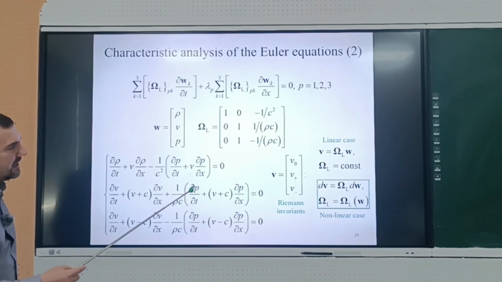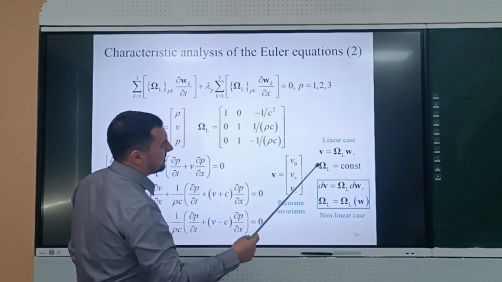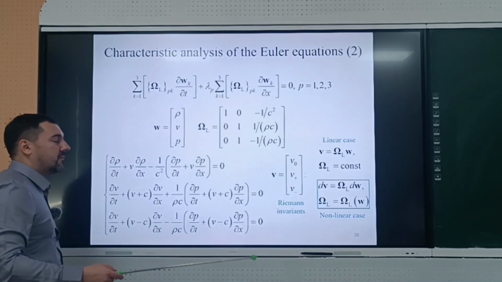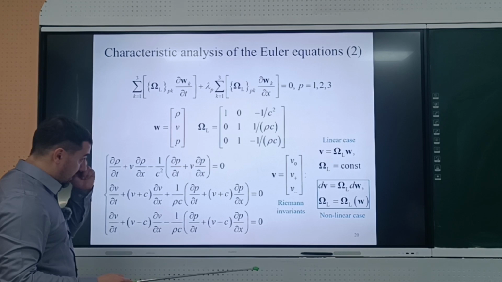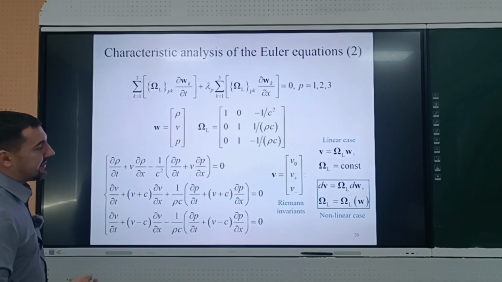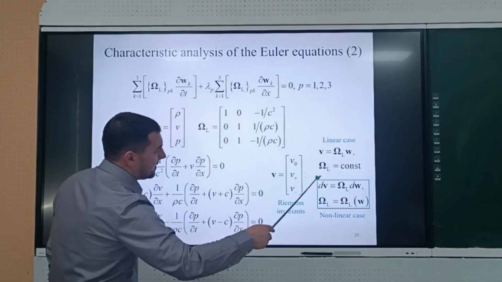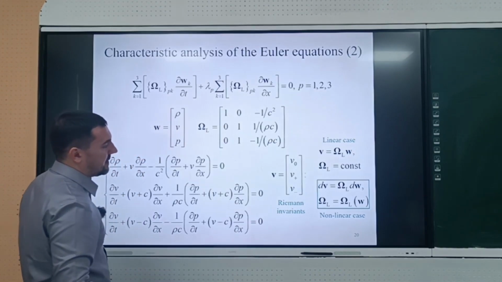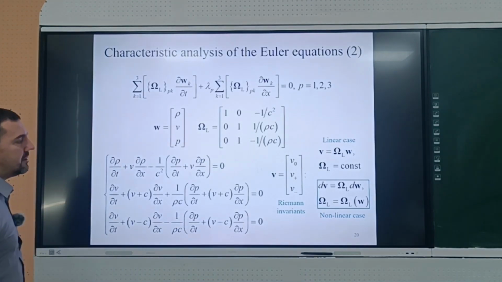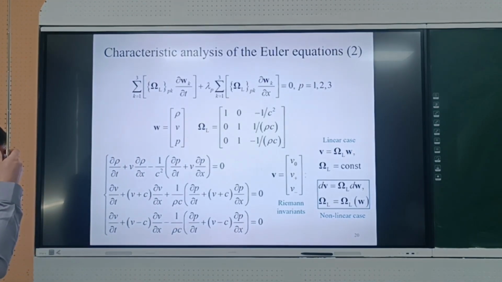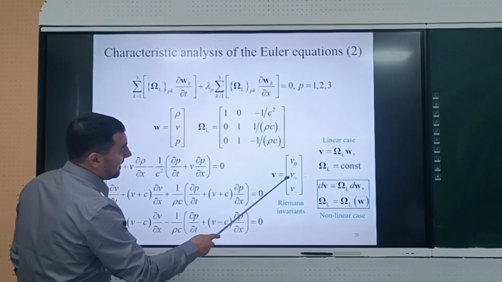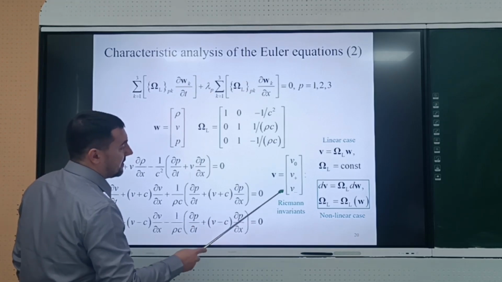Here, for the linear case, we were able to introduce Riemann invariants, V equals omega L W, where omega L is a constant matrix. For the non-linear case, we are not able to do that. Instead, we can introduce dV equals omega L dW, where dV is a differential, and omega L is a function of our primitive variables vector W. The components of this vector V will be V0, V plus, and V minus, called Riemann invariants in this case.